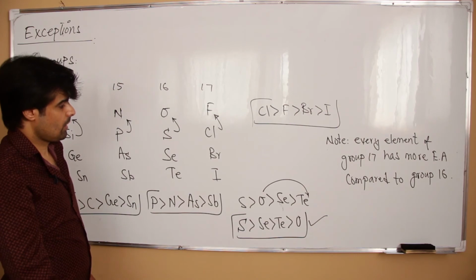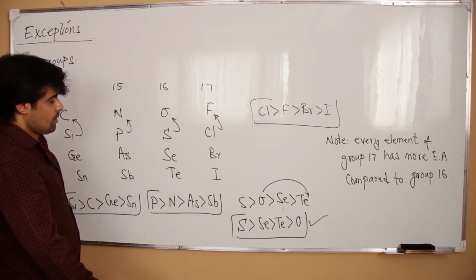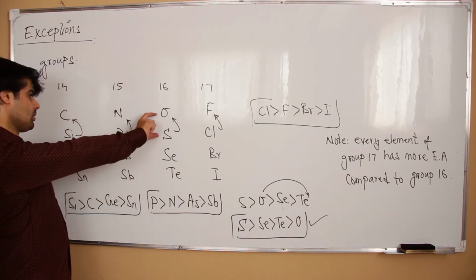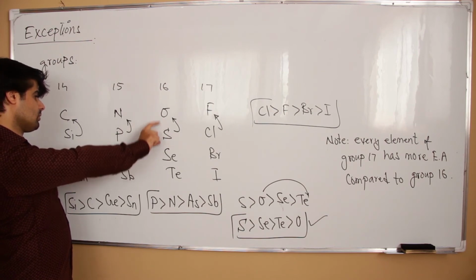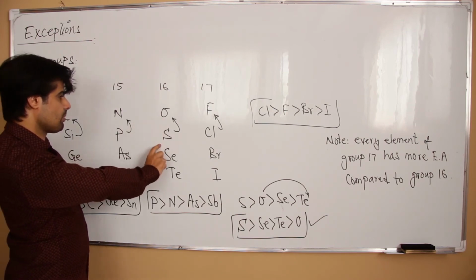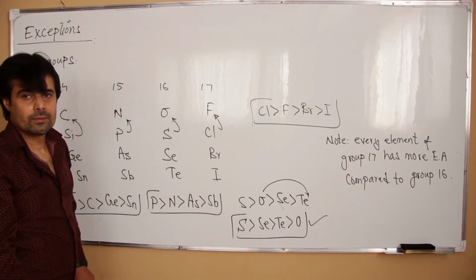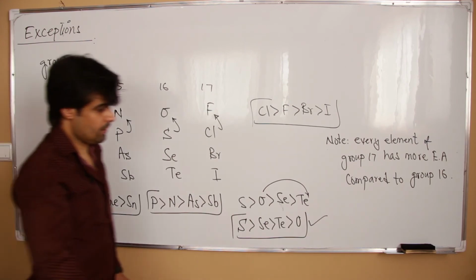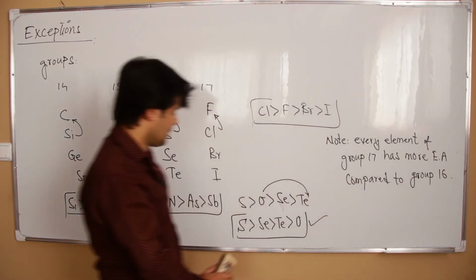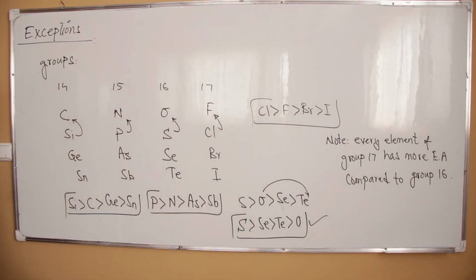In some books we have questions like this, for example oxygen, sulfur, and they want to compare with fluorine, chlorine. Which one is less, or which has more electron affinity? I'll write an example. Have you finished this one? Yes.